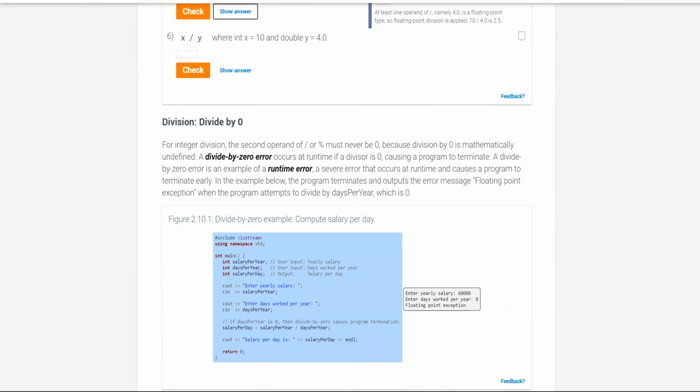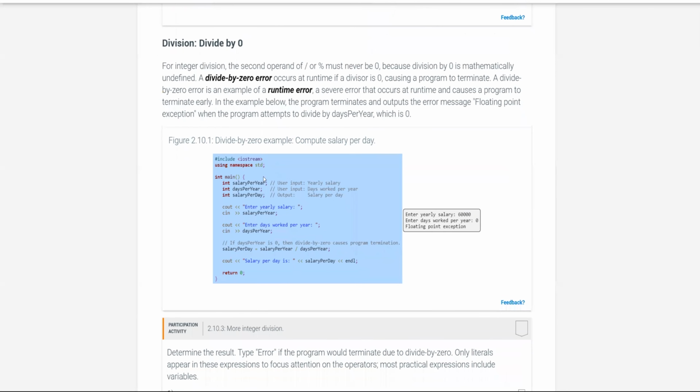All right, so division by 0. Obviously, I've talked about this before. Why does it matter? You can define variables, like for example, this is a salary example. Let's say you have integer a num, and then you have, even as a float, doesn't matter, b num, right? And the answer is equal to a num divided by b num.